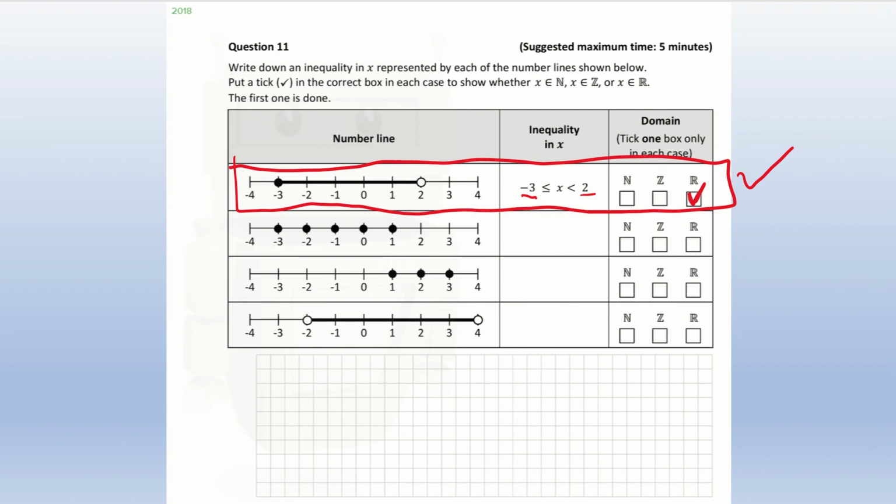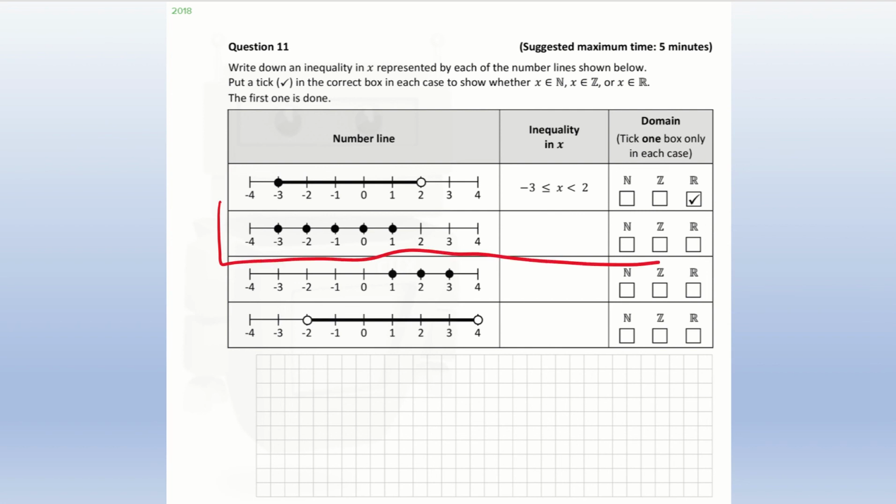So for our second one here, we have -3, -2, -1, 0, and 1, all with dots. It's not a straight line. So we know that it's not going to be our real numbers, because otherwise it would have been represented by a straight line.